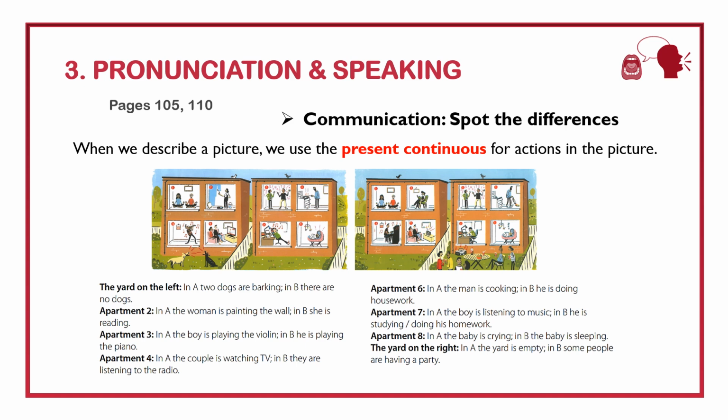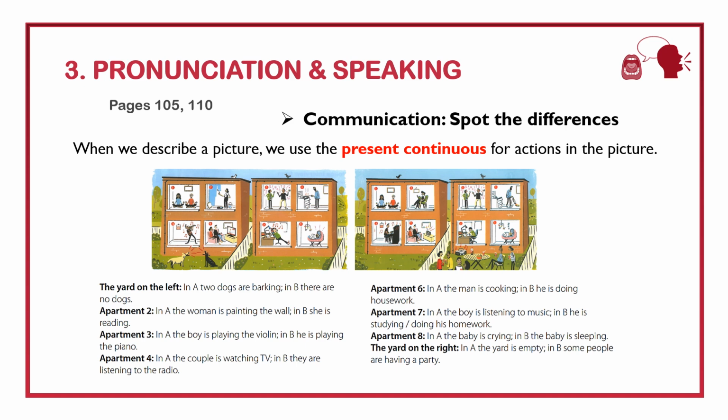For apartment 4, in A, the couple is watching TV, and in B, they are listening to the radio. Apartment 6, in A, the man is cooking, in B, he's doing housework. Apartment 7, in A, the boy is listening to music, in B, he's studying or doing his homework.